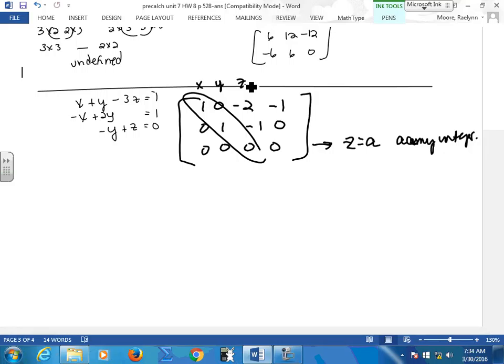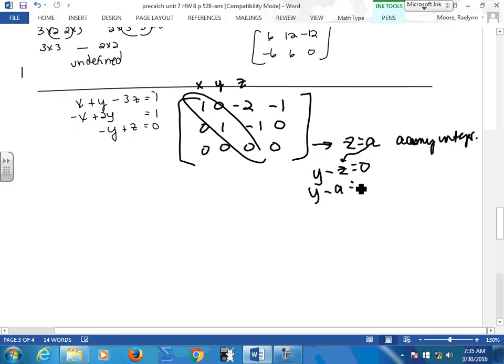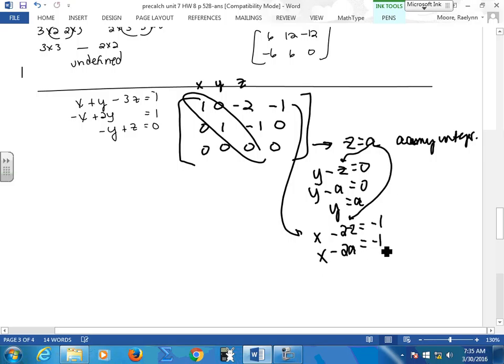So if you took this, this is y minus z equals 0. So we substitute in. I don't know if this is the one we did yesterday in class. So y, it looks like it is. So y is equal to a. Then go to the next equation. X minus 2z equals negative 1. And substitute in the a. This is the one we did in class. So you're going to solve in terms of x, because you want it to be in terms of a for x.